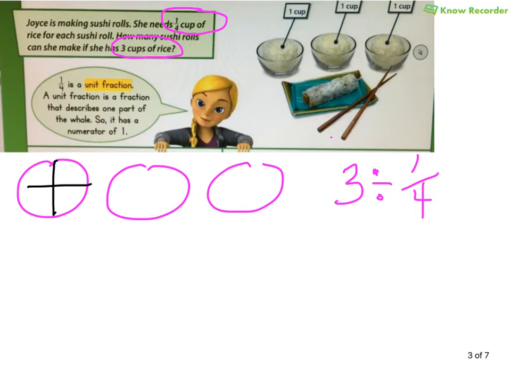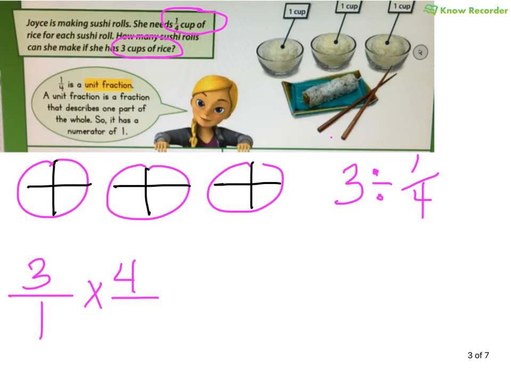If I'm doing that over here, I'm dividing each into a 1/4. I need less than 1. Again, I'm just going to take the inverse operation of division, which is multiplication. And instead of showing that I need 1/4 of the cup for a whole roll, I know that in 1 cup of rice, I will be able to get 4 sushi rolls.